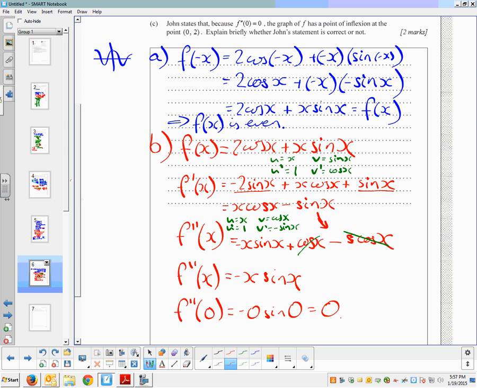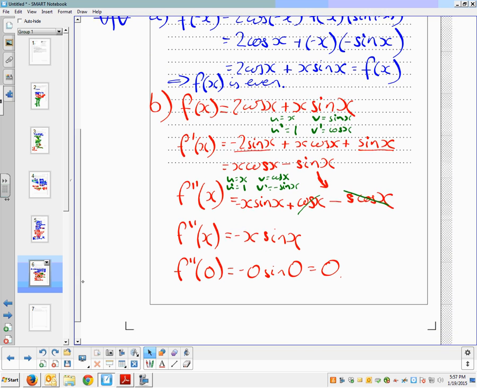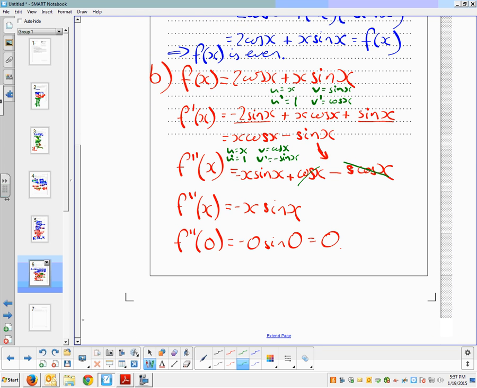There's a couple of ways to debate this, but the one that follows from what we've done is to say, well, it's obviously not true, because since f of x is even, it can't possibly have a point of inflection. f of 0 must either be a maximum or a minimum point. It must be a stationary point.